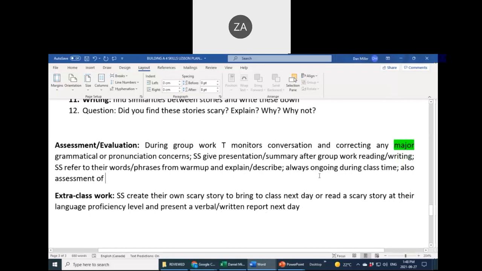But what about after class? After the class. I think their production, they're applying the new learned vocabulary and grammar in production, in utterances. Yes, and how do you assess that?